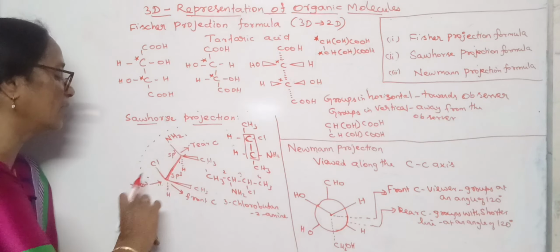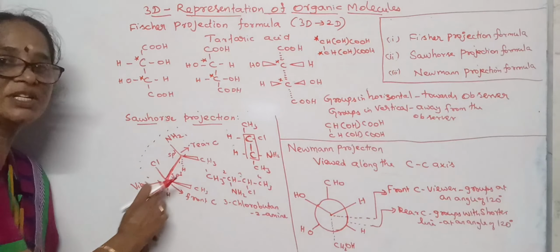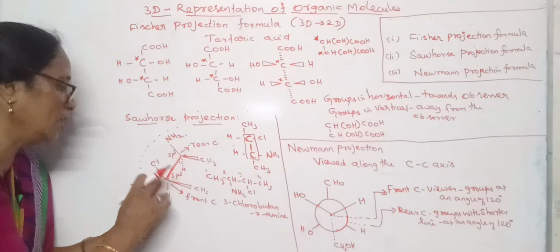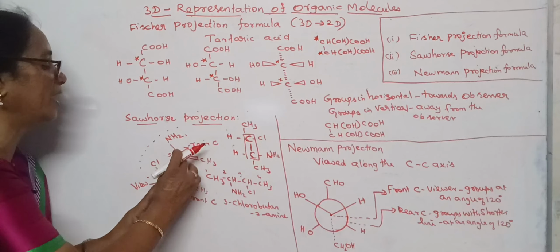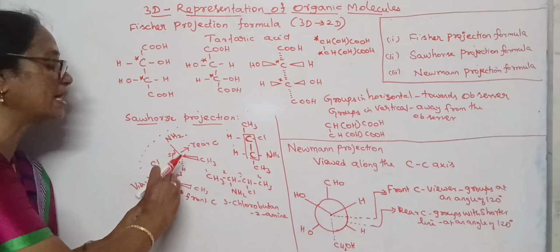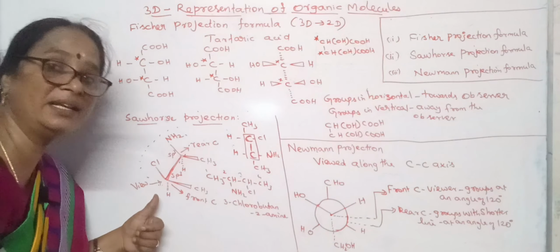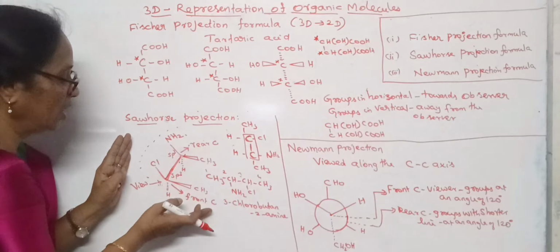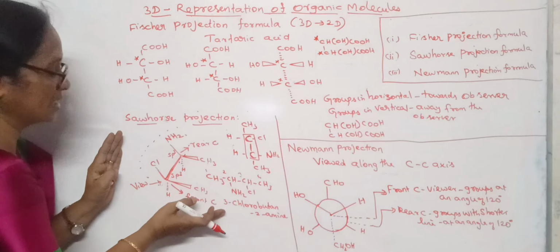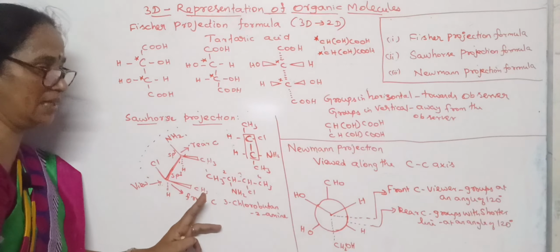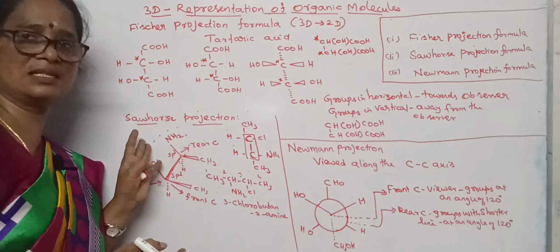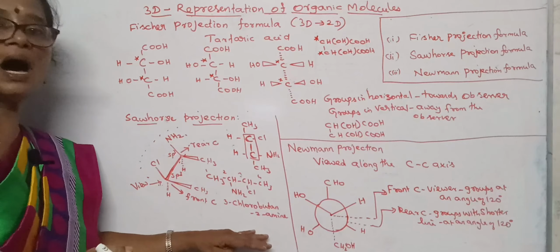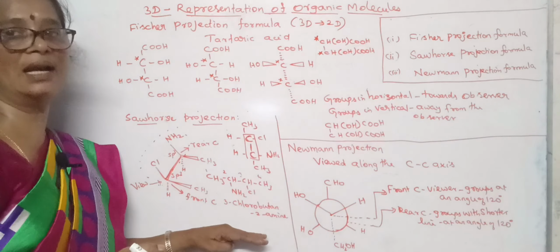This is called the front carbon, through which the observer views the molecule. When you view the molecule, you can't find the rear carbon, because the rear carbon is exactly behind the front carbon. In such cases, you can work out their structure and how they are arranged, and this will be discussed in detail in the hydrocarbon chapter, because these are part of conformational analysis.